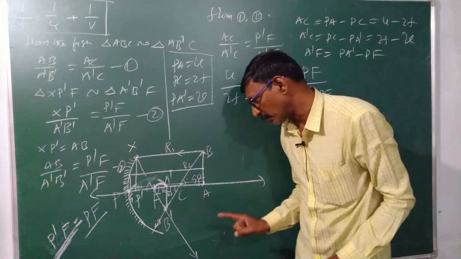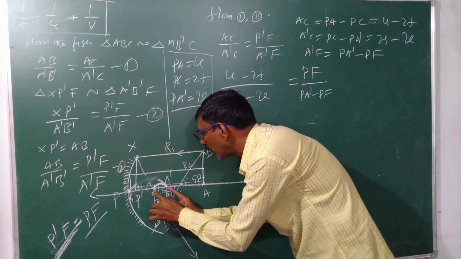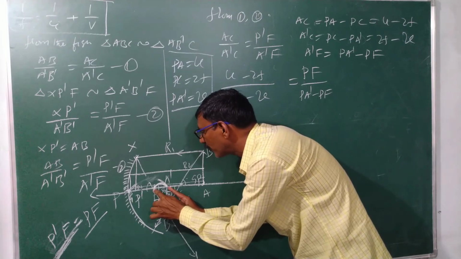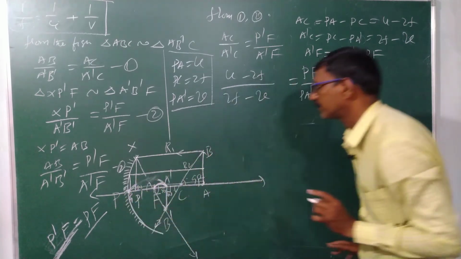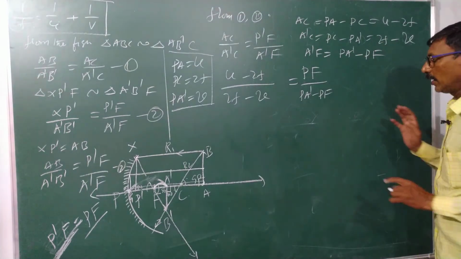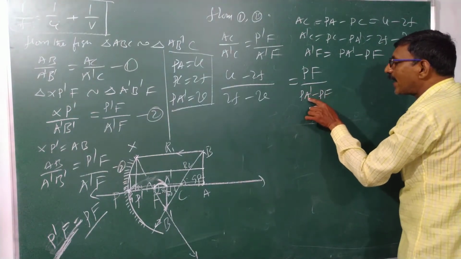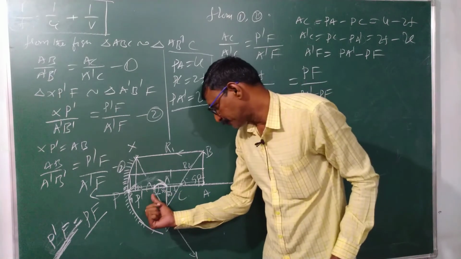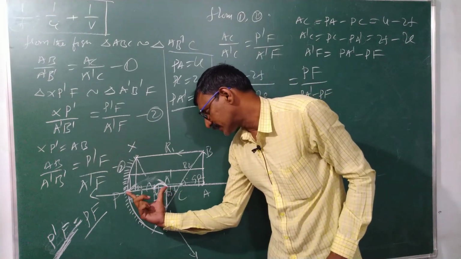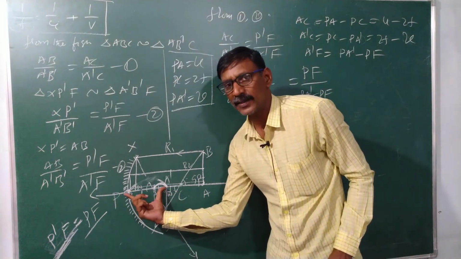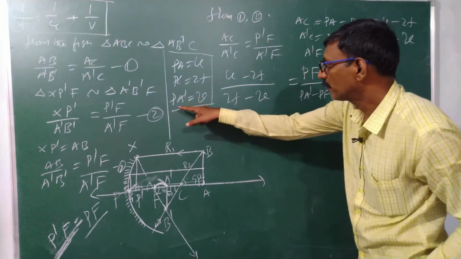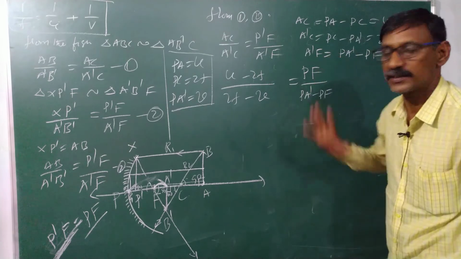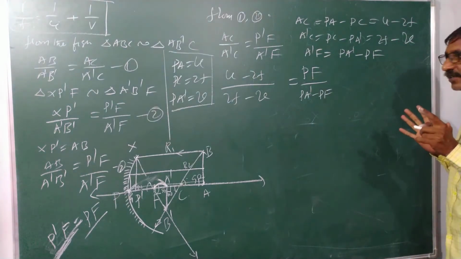This is also very important. Once again, A dash F we can write as PA dash minus PF. Now PA dash is nothing but image distance. Very important, these points help to solve this.